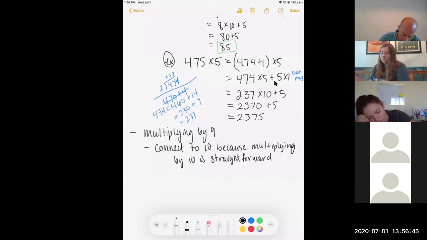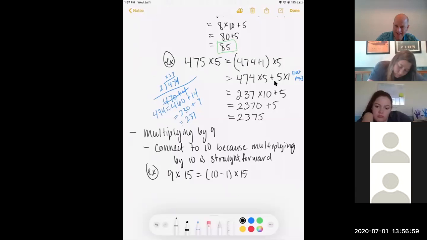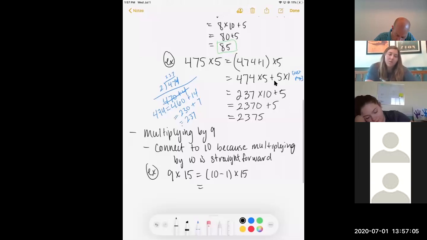All right, so here's the strategy, connecting it to 10. So we want to multiply 9 times 15. Now the connection to 10 is just 10 minus 1. So I replace my 9 with 10 minus 1, times 15. What that does is allow me to use the distributive property of multiplication over subtraction.